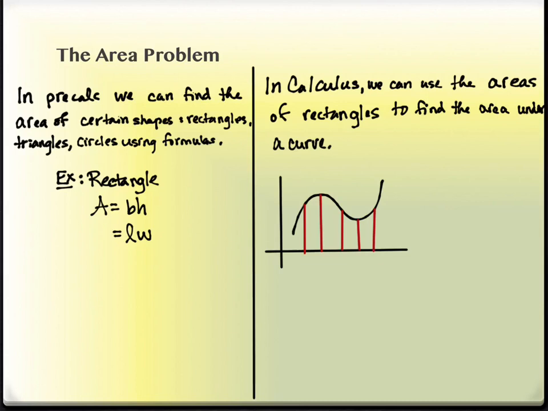So some of the rectangles end up being overestimates, like this one, and some of them end up being underestimates. The over, the under depends on which side you use as the height, depends on what the equation of the curve is, that kind of stuff. But can you imagine what would happen if I took this shape and I made twice as many rectangles?